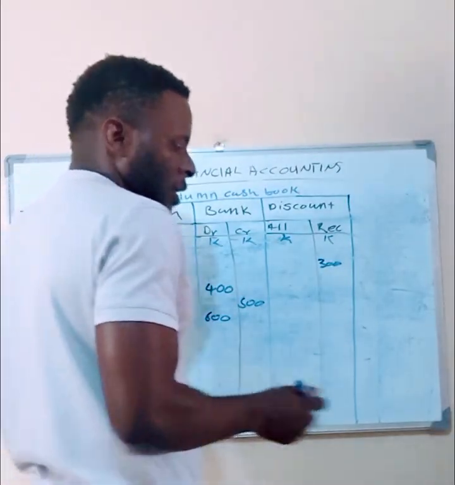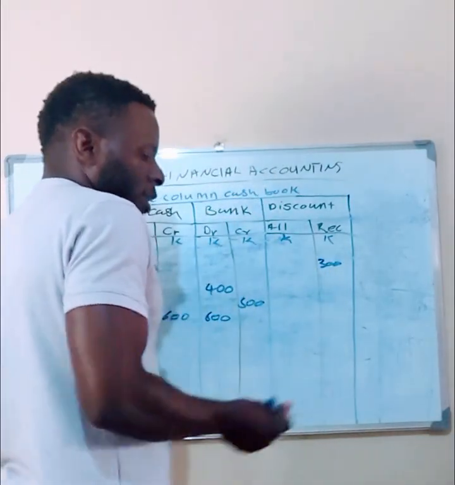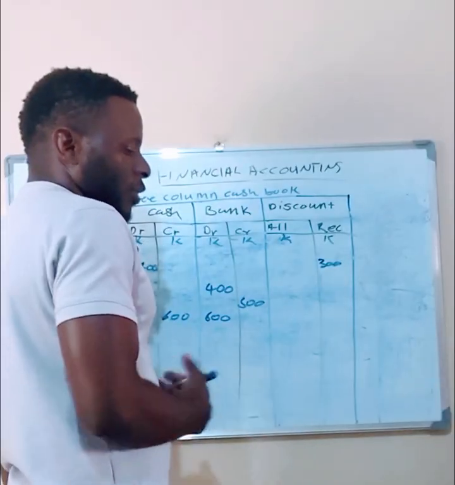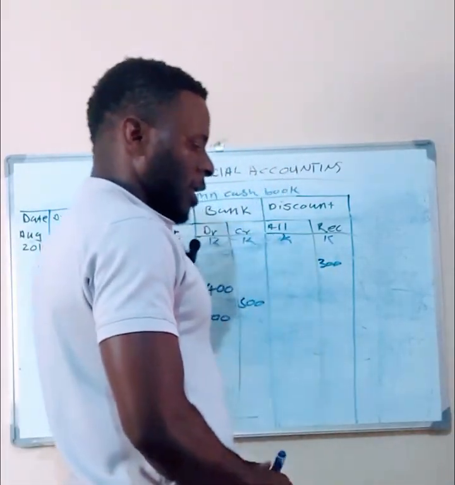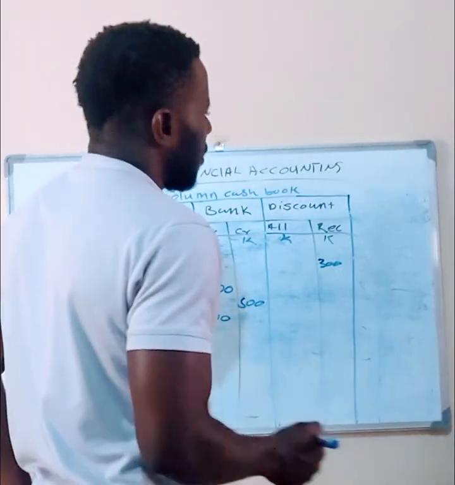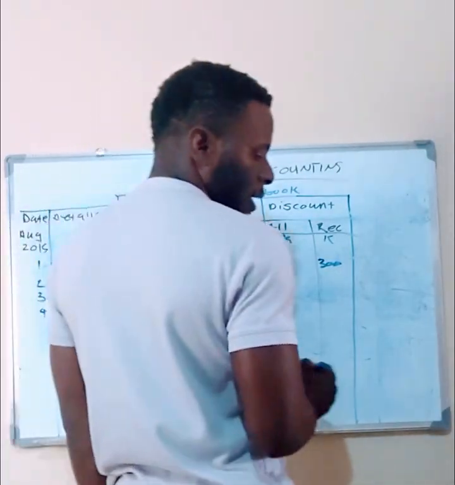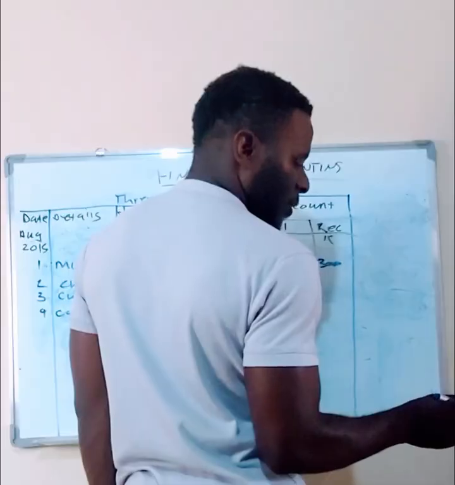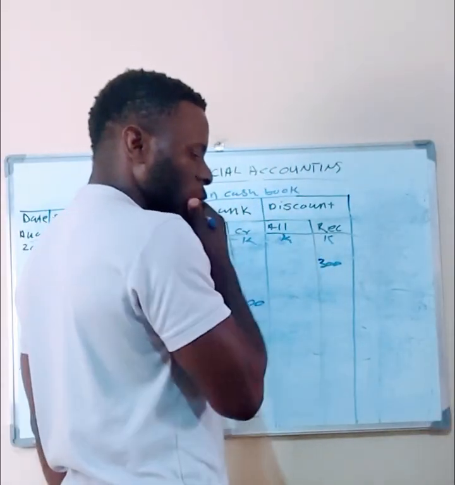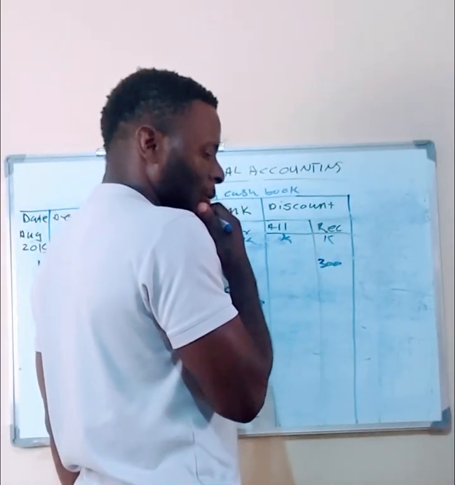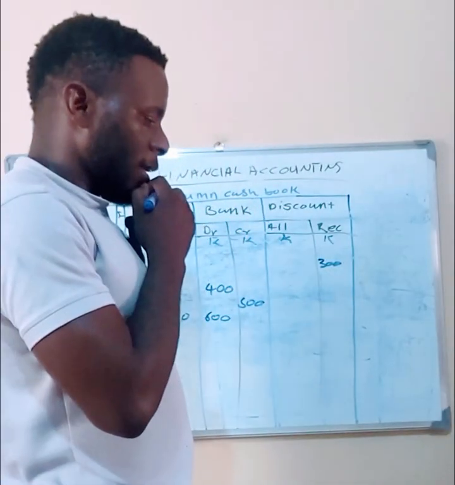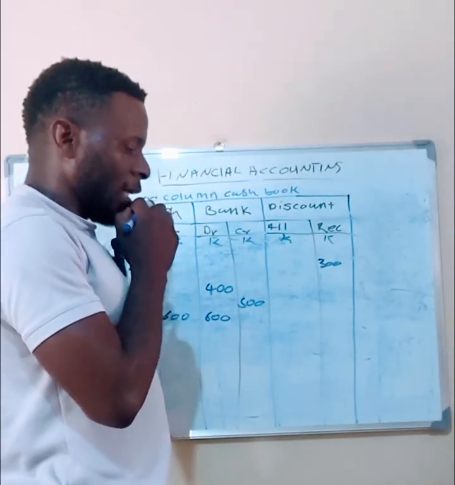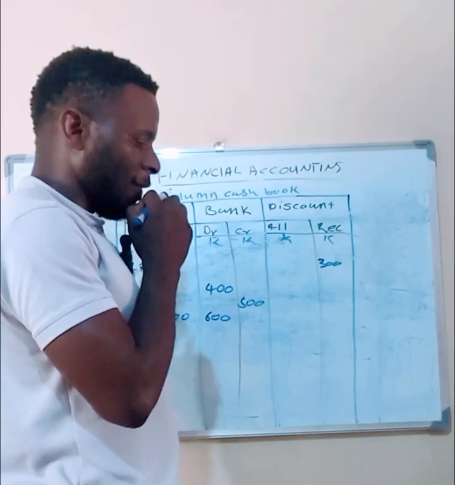We treat it as an expense because we are the ones who allowed this discount. This person was supposed to pay 6,000 for the goods that we sold to them, but we deducted 5%.